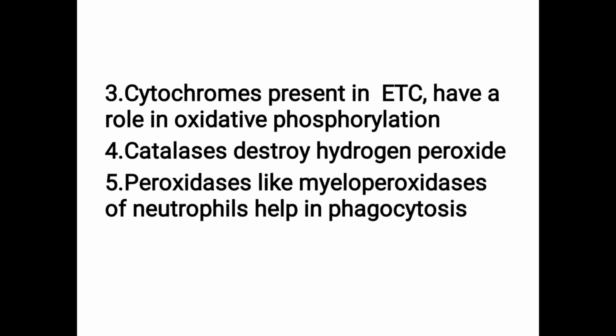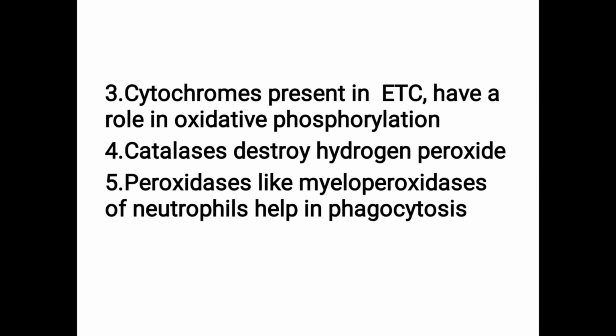Okay, there are catalases which destroy hydrogen peroxide. So remember, hydrogen peroxide is synthesized in our body cells, which is harmful to the cells and needs to be destroyed by catalases. Peroxidases like myeloperoxidases in neutrophils help in phagocytosis.